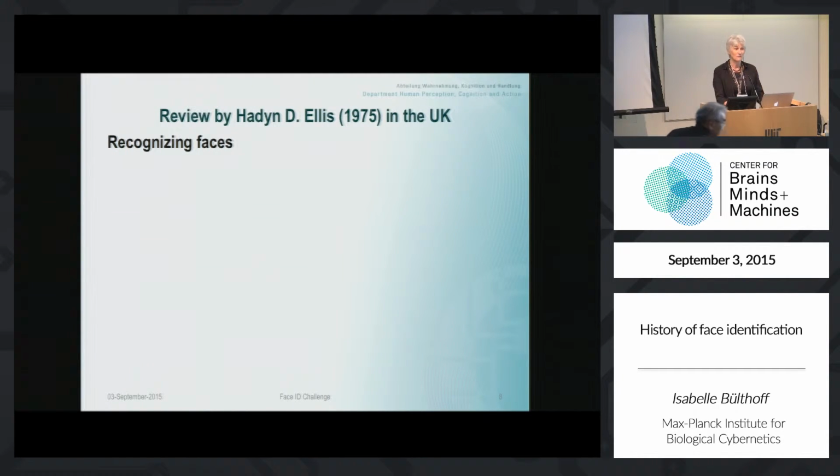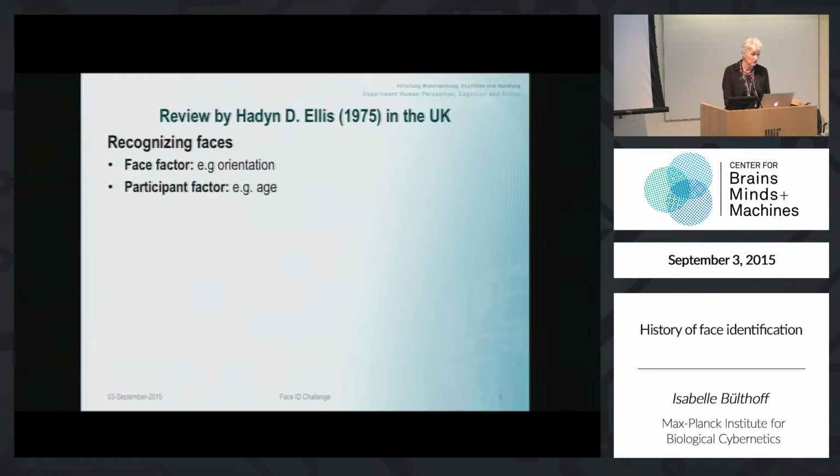He already identified all the main parts of the question in face recognition. The way you present a face, like its orientation, influences recognition, but also who is looking at the face, the participant or the witness, plays a role, like their age or race. He also reported on whether faces are special.